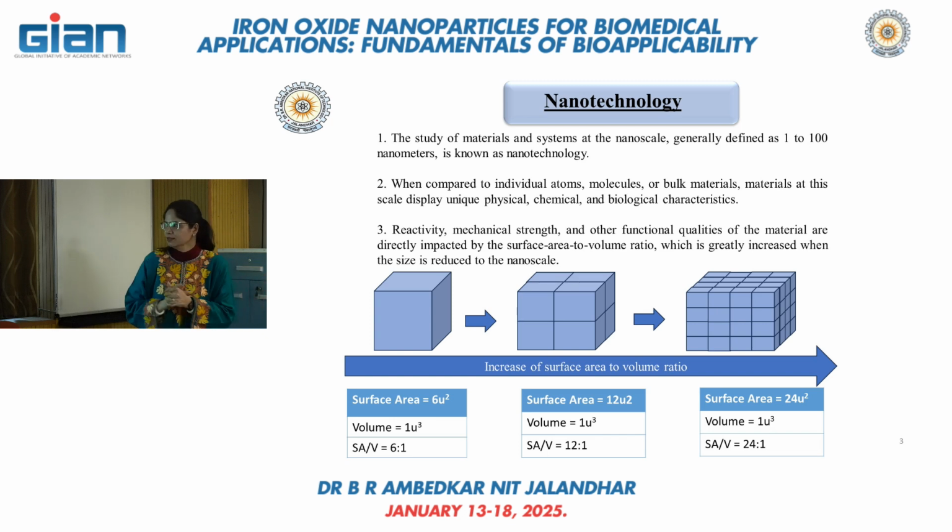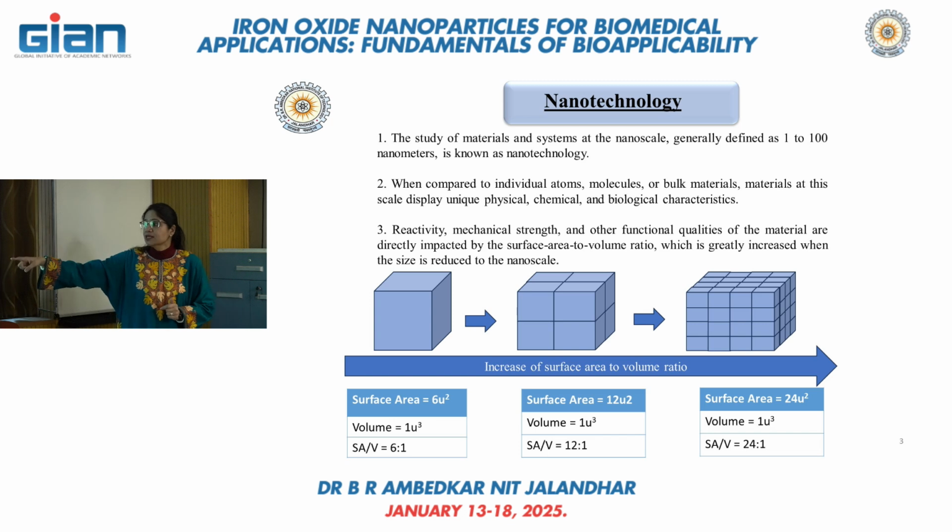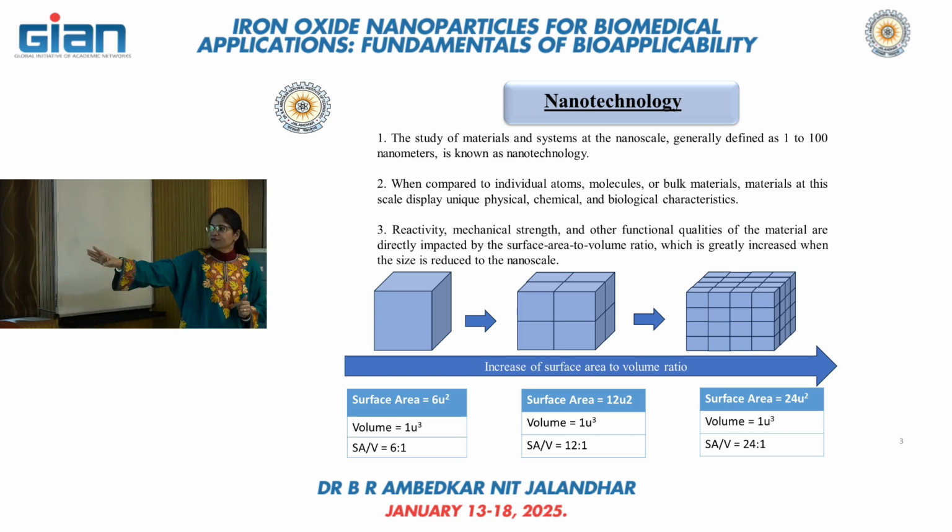The basic answer to this is related with the surface to volume ratio. If you break a block down further and further, the surface area to volume ratio increases so much when the material is converted into nano size.